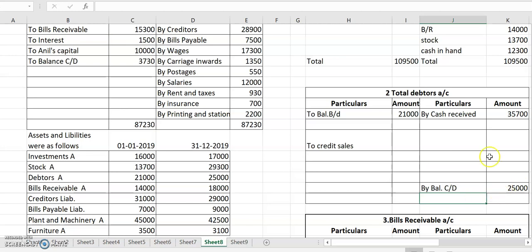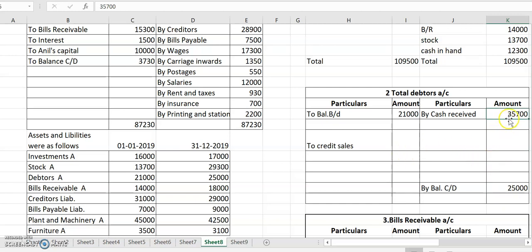So we are able to find the value of credit sales. You can see here there are four headings which are necessary, as discussed in video 1. That is the 21,000 opening balance, 25,000 closing balance of debtors, and cash received, which is recorded from your cash book summary.